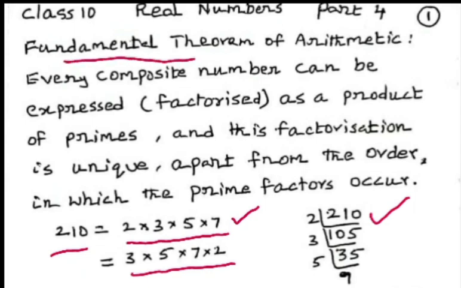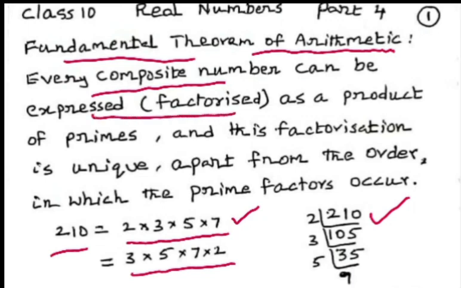So, the fundamental theorem of arithmetic says that every composite number can be expressed or factorized as a product of prime numbers in a unique way, and the order of the prime numbers is not considered. If the order of the prime numbers is not considered, then this product is unique.